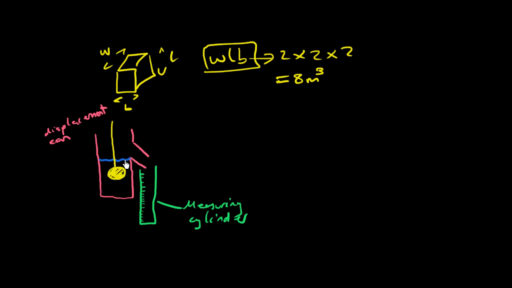And in doing so, since this is at the very edge, the water falls into here, and then you can measure the volume of water in the measuring cylinder, and you now have a very accurate amount for the volume of the solid that you just measured.